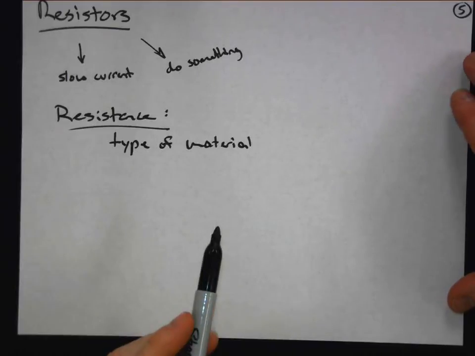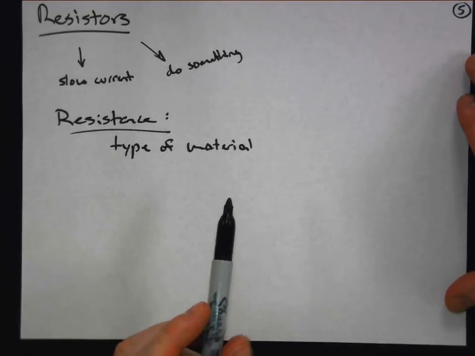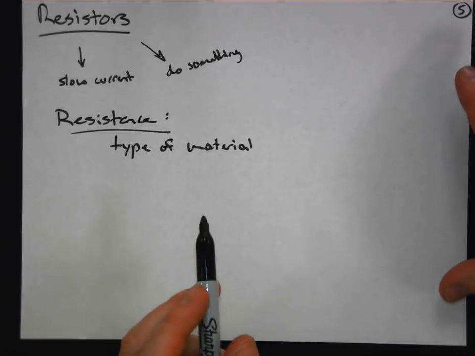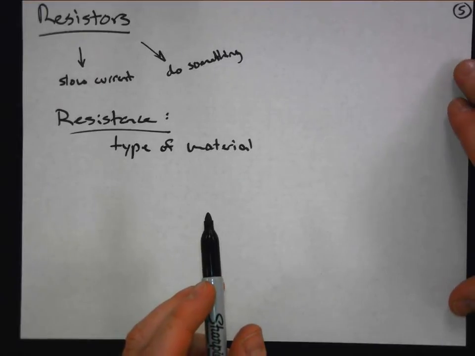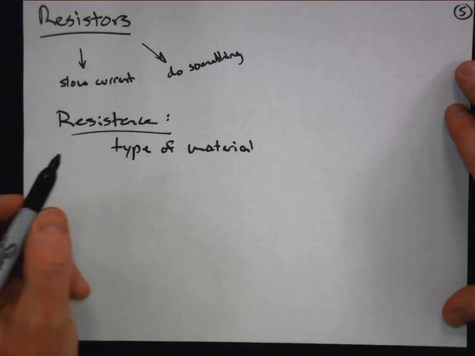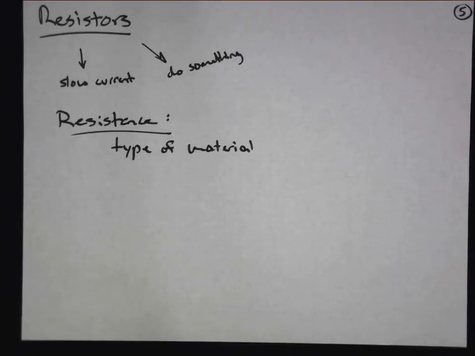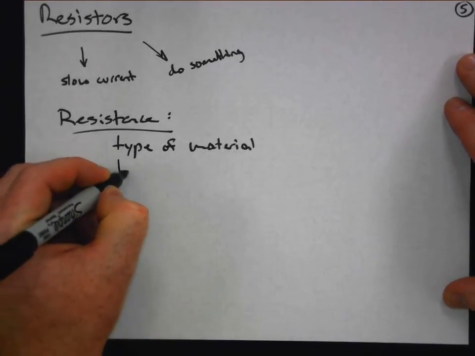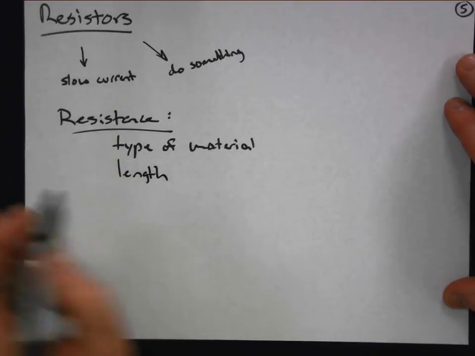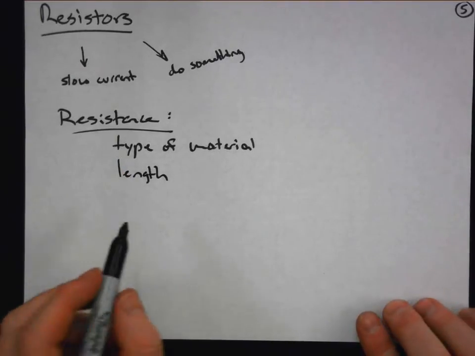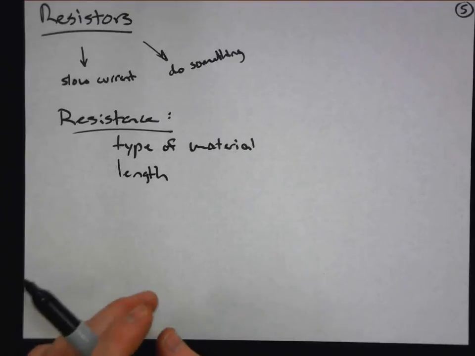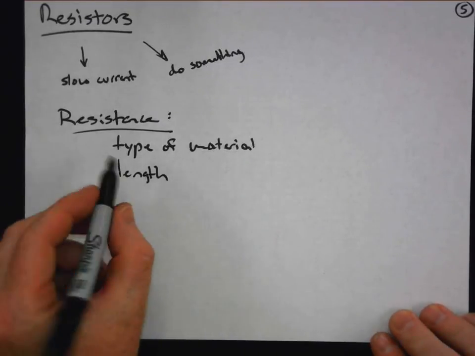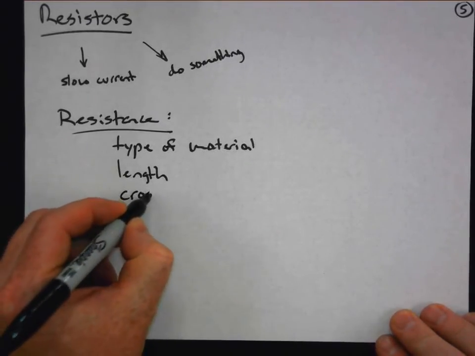Some materials are poor conductors or good insulators, and they'll have a relatively high resistance. If you have a wire, let's say, the resistance in the wire does depend on the length of the wire. A longer wire will have more resistance. It also depends on the size or thickness of the wire, the cross-sectional area of the wire.